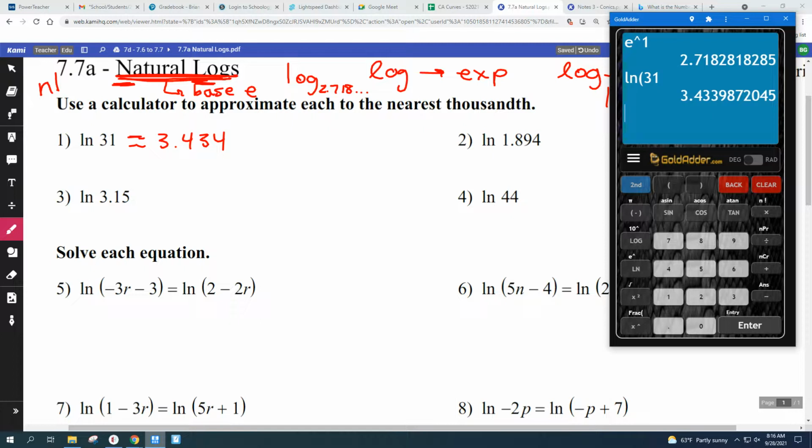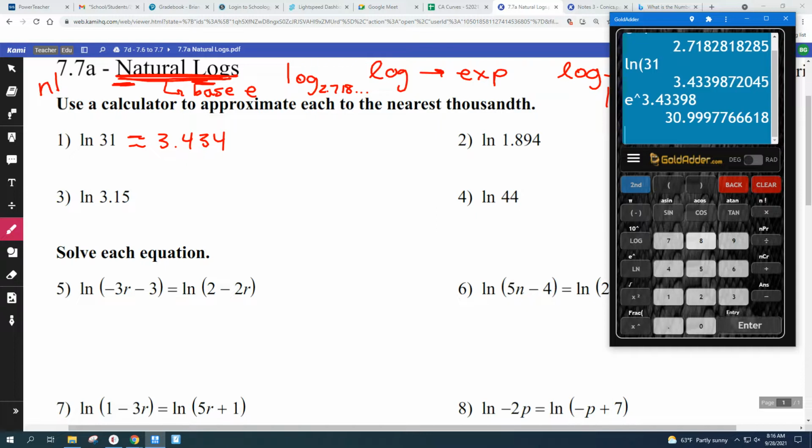When we're calculating a logarithm, we are calculating an exponent. We're finding the exponent that makes 31. So even though we don't have to do this, we can do a check and say E to the 3.43398 and so on and so on. That's your 31.